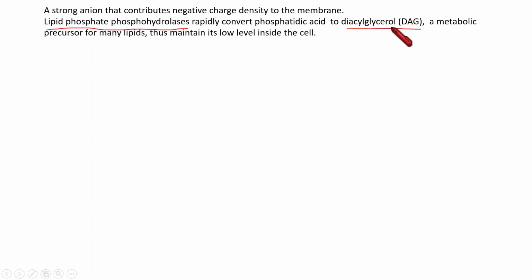And this diacylglycerol is a metabolic substrate or precursor in the metabolic pathway of lipids. As phosphatidic acid gets converted to diacylglycerol, it can be easily metabolized to simpler forms. By that, we can maintain the low level of phosphatidic acid inside the cells. So this is a regulatory method. Just note the name of that enzyme, lipid phosphate phosphohydrolases.